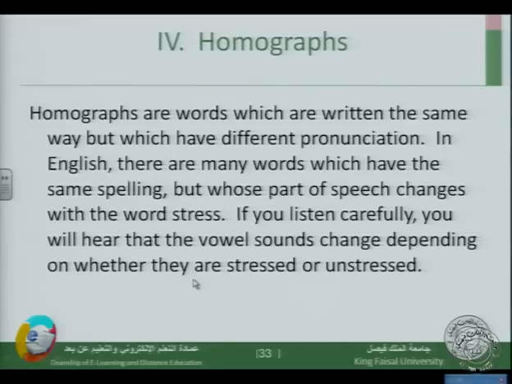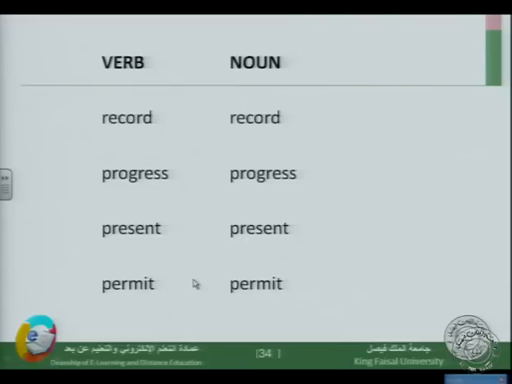If you listen carefully, you will hear that the vowel sounds change depending on whether they are stressed or unstressed. For example, these words have the same spelling, but the stress changes each one of them into a different part of speech.